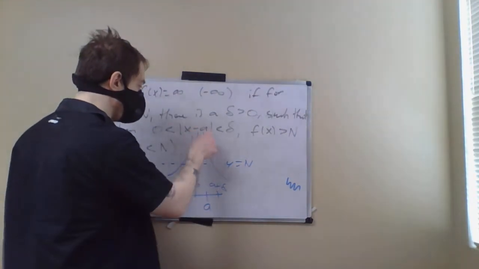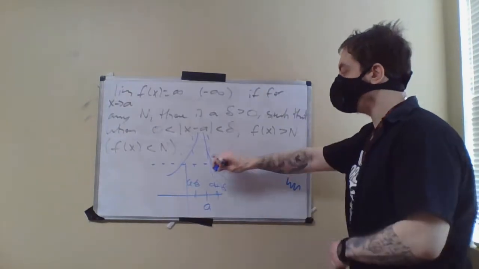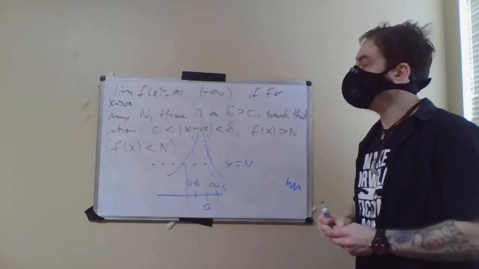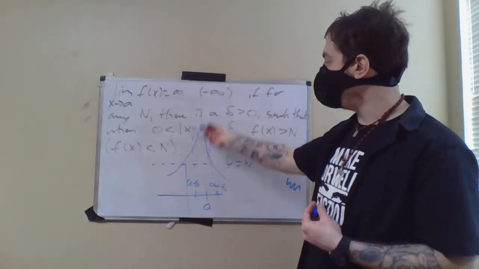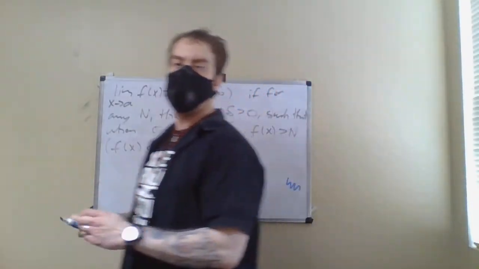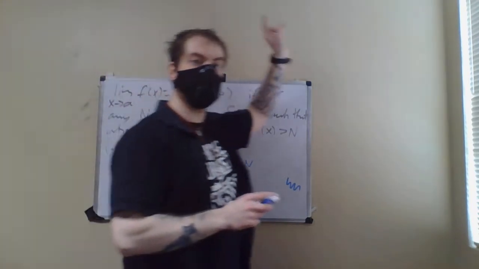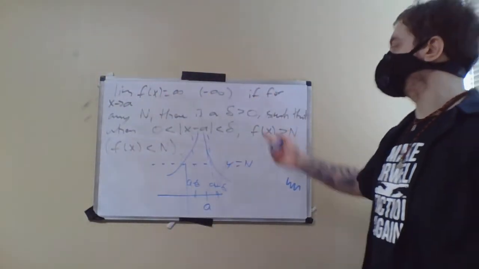As long as I am within that, my function is going to be above this minimum line of n. But because I can do that for any n, that's saying that the function must be blowing up around a, because I can guarantee that we hit as large as you want just by making that delta sufficiently small.